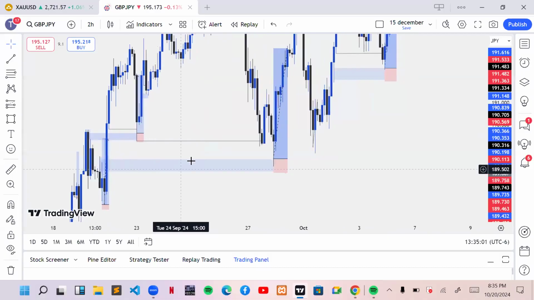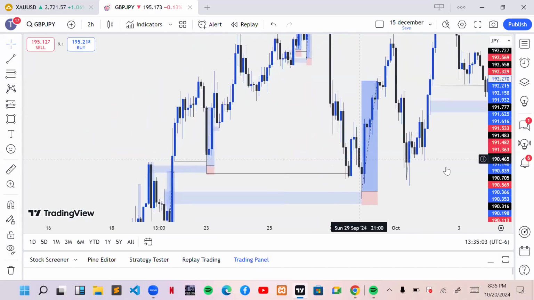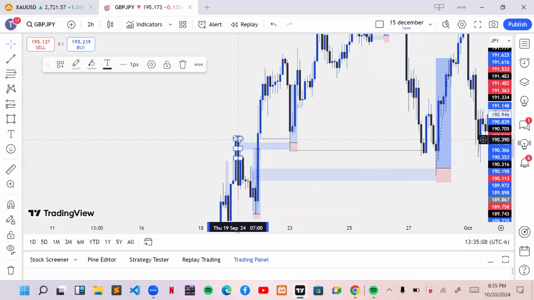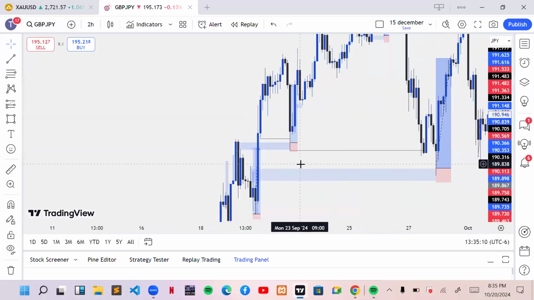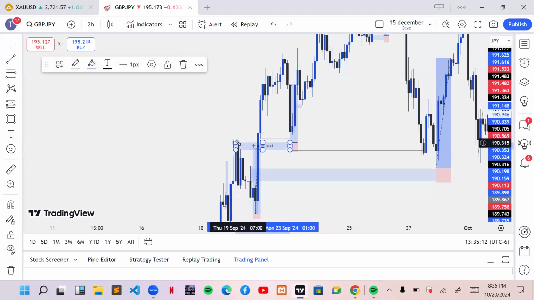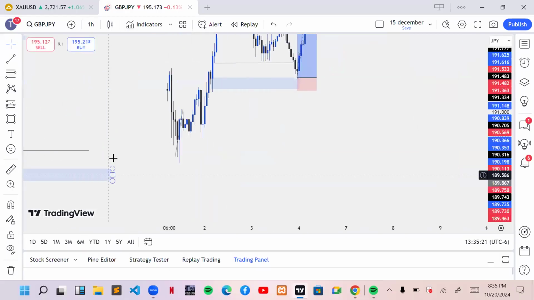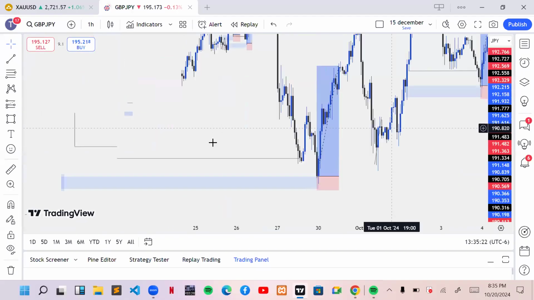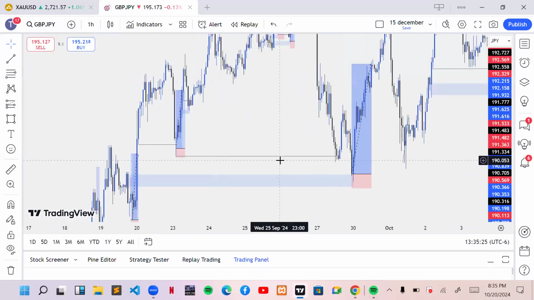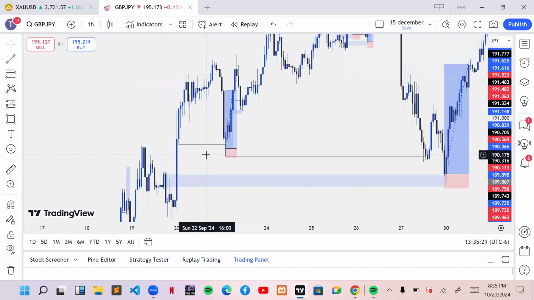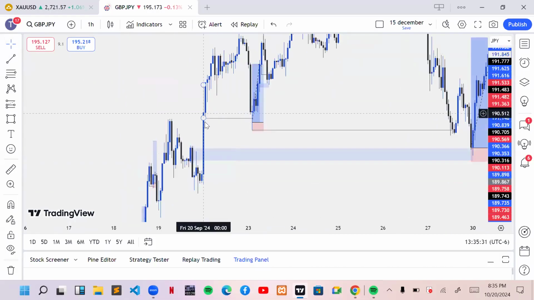Okay, yeah, this trade right here, 2 hours time frame. If you pay attention to this trade, this was a shift in market structure because market was on a downtrend.